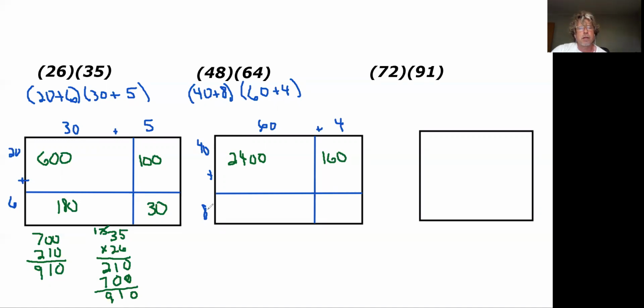So the bottom left is going to be 8 times 60. So 8 times 6 is that 48. And remember, you can write those tricks down to help you with this kind of math here. And then that trailing 0 drops in. 8 times 4 would be the bottom right rectangle, which would be then 32. So if I add these together, the 2,400 plus the 160, that's going to be this 2,560.